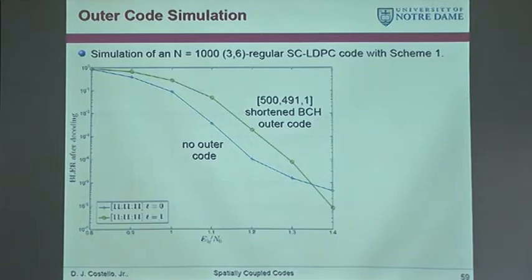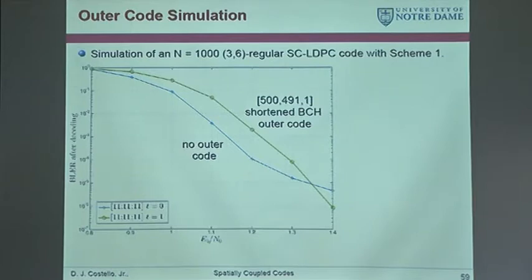Now this is just, again, our first try at looking at this. And we lose in the waterfall, which we expect because we pay a rate penalty with the outer code. Okay, but we do clean up errors. It looks like we're cleaning up errors in the blocks of target symbols by taking this approach.